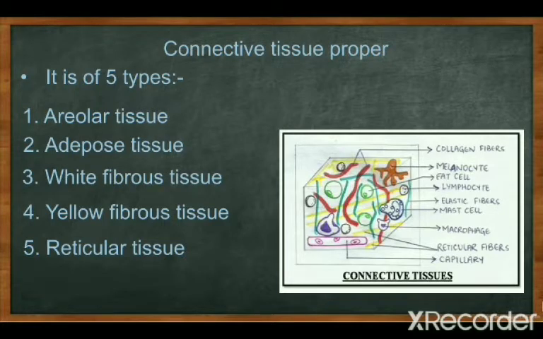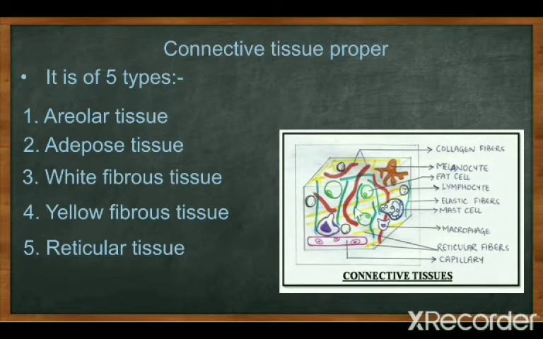Its matrix means the liquid which is present. Suppose this is the whole diagram of connective tissue. Inside the matrix, some amoeba shaped structures are present. Those amoebocyte cells are phagocytic in nature. Phagocytosis means engulfing the foreign particles.